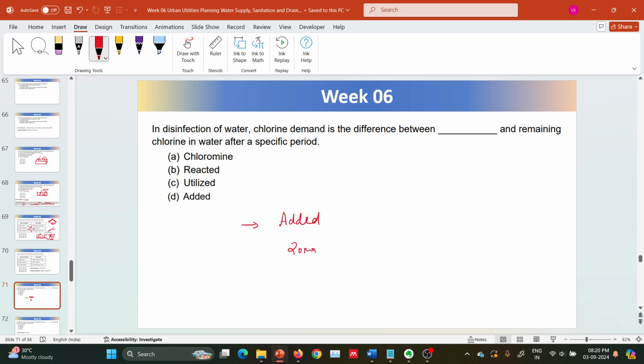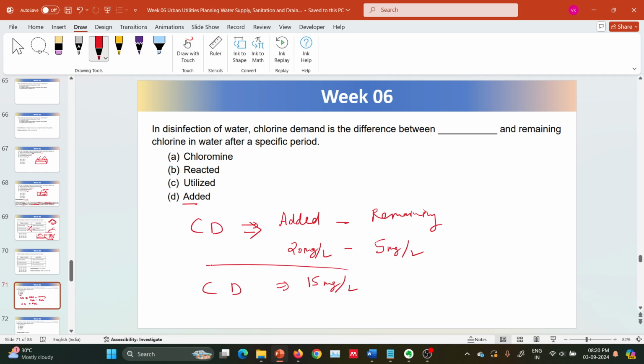For example, 20 milligram per liter is added and remaining is 5 milligram per liter. The difference is 15 milligram per liter. That is called chlorine demand. Chlorine demand is added minus remaining.